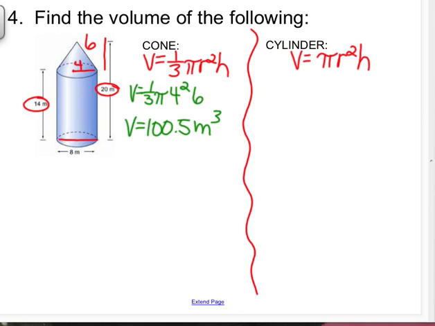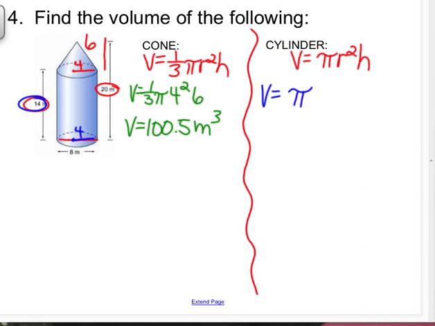Awesome. Now, let's talk about the cylinder. I already wrote the formula there. It's pi r squared h. So I'm looking at my cylinder now, over here on the left, and I see that the radius of my cylinder would be half of the diameter. That's a 4. And the height of my cylinder over here is 14. Awesome. Now I've got my values.